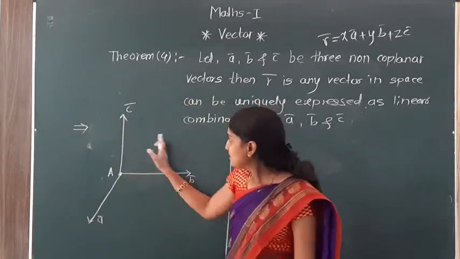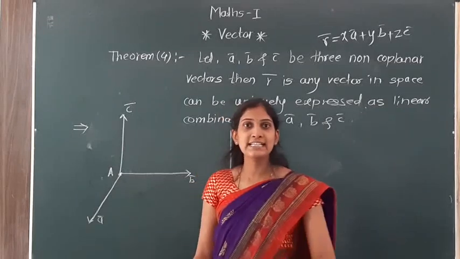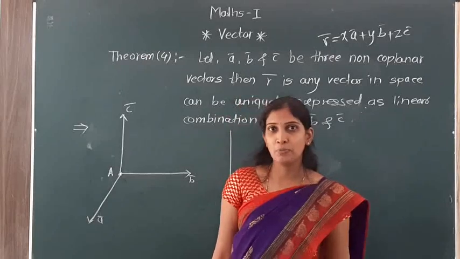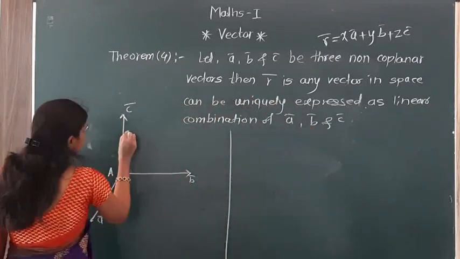If we draw planes passing through these vectors, then these planes intersect each other and form a parallelepiped like this.